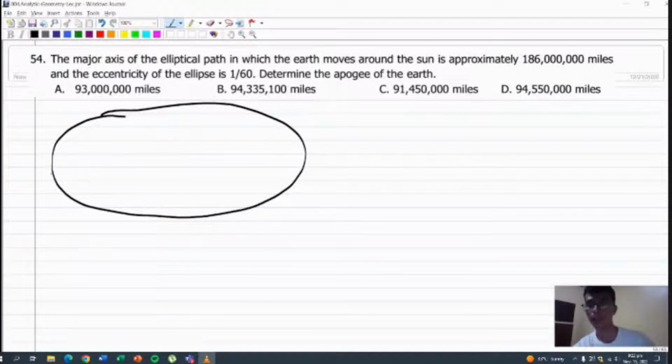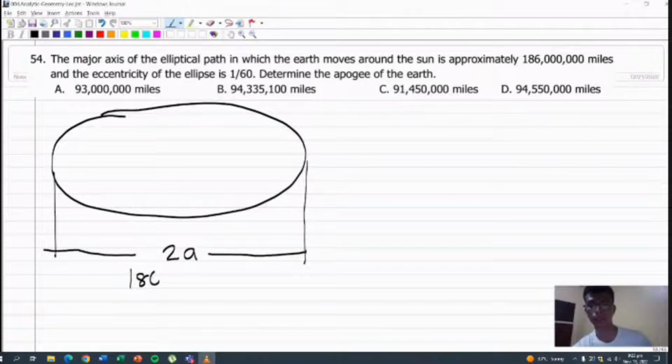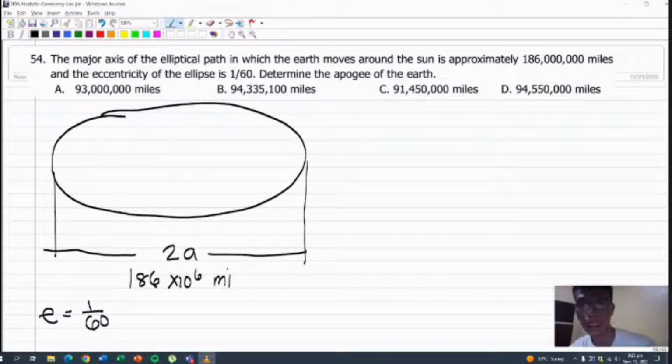And the major axis of the path, that is 2a. Diba? Itong major axis na to, may katumbas daw yan na 186 million miles times 10 raised to 6 na lang. And the eccentricity of the ellipse, given E, eccentricity, which is 1 over 60, determine the apogee of the Earth.